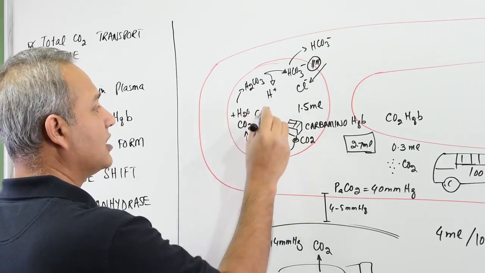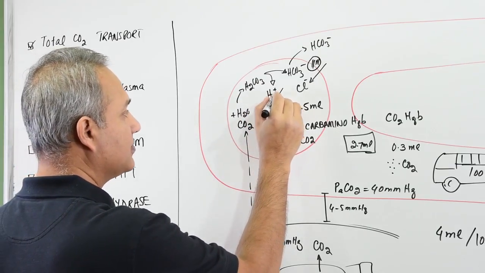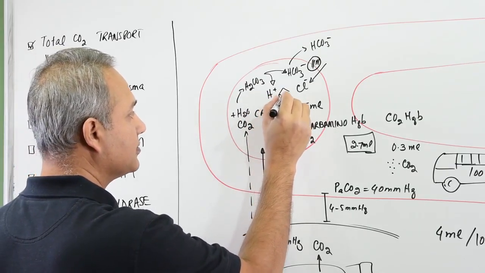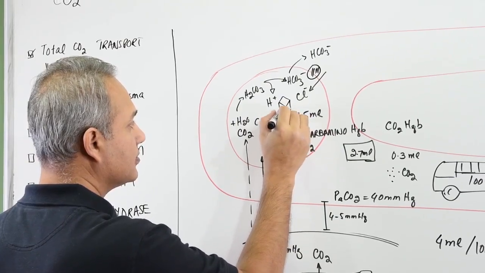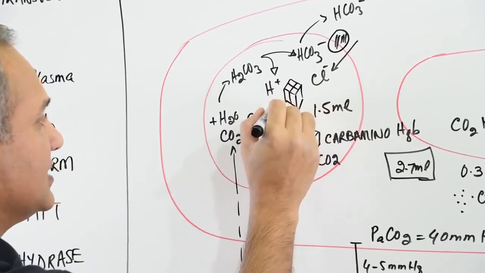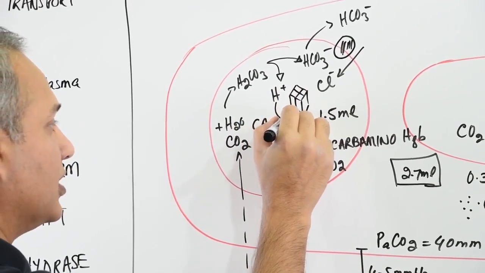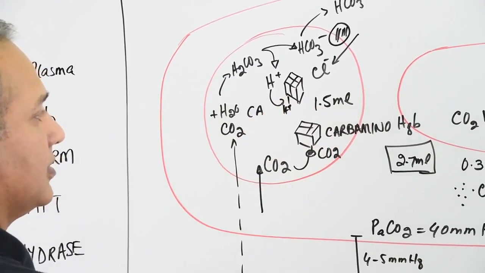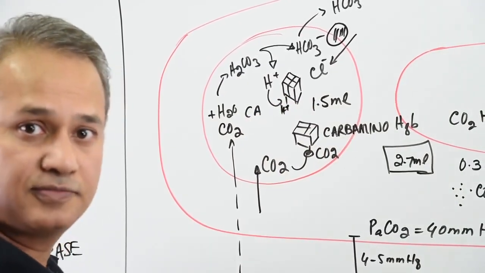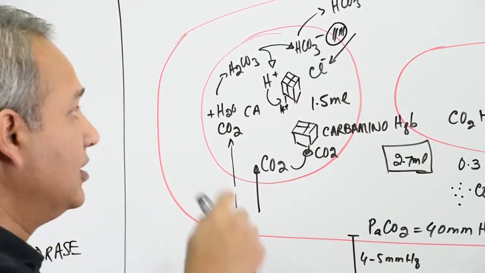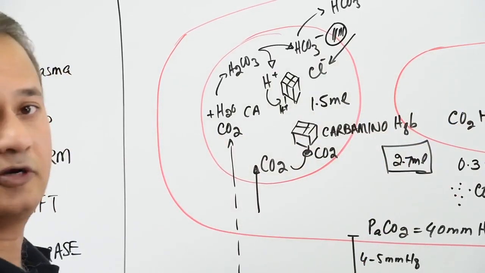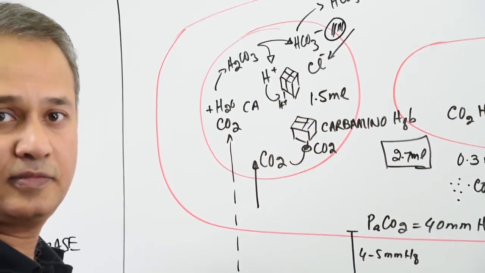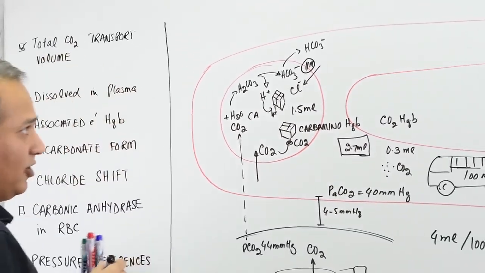This hydrogen connects with the hemoglobin and becomes acidic hemoglobin. So that is how this whole thing would now travel. Got it? So this is the third form.